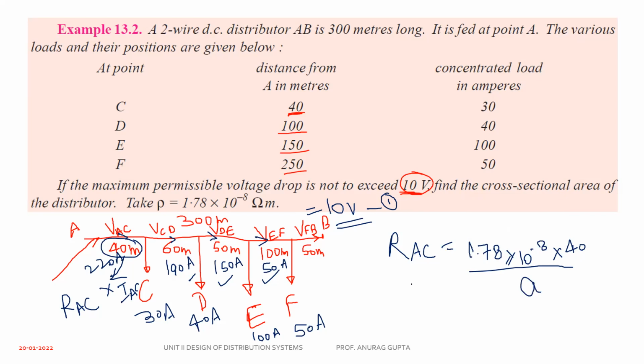That is your RAC. What is IAC? IAC, as I already said, equals 220 ampere. Then what is VAC? VAC equals IAC into RAC. Have you got my point?